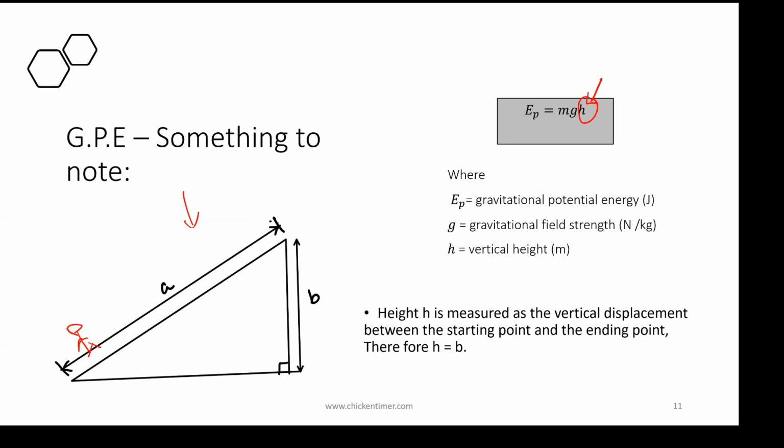The vertical height. A is slanted and it's not vertical height, so you don't use that. Because sometimes students do choose the wrong number, then you get the answer wrong.